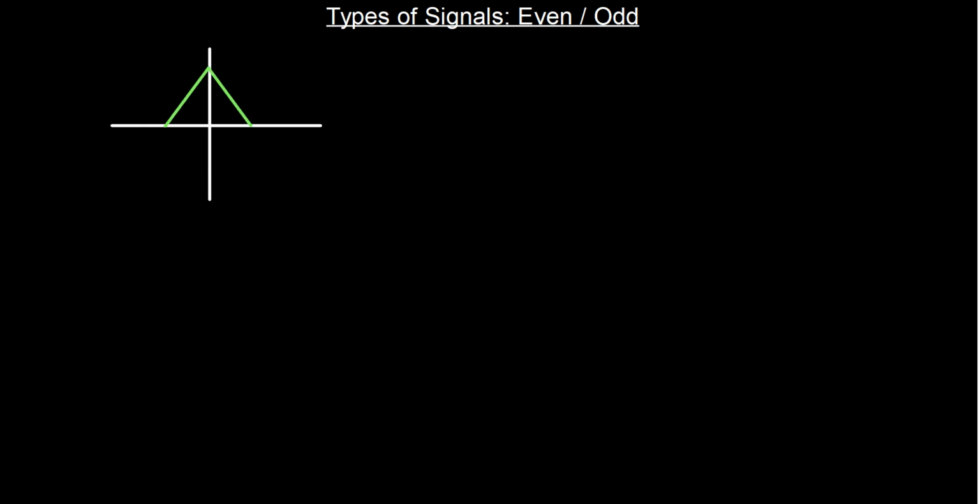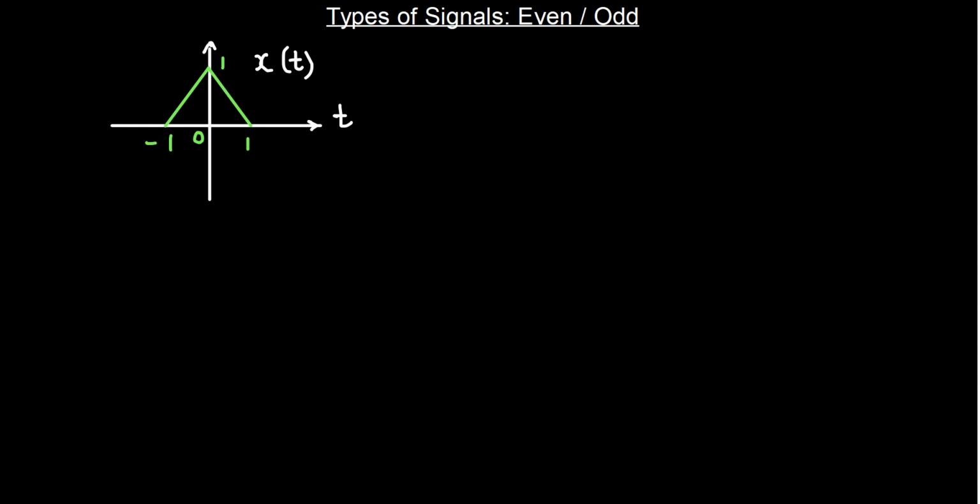This signal, let's say it is being defined from -1 to 1 as a function of time. Let this function of the signal be x of t.